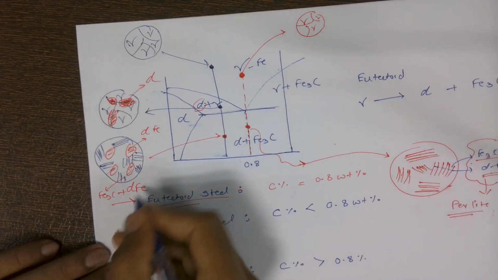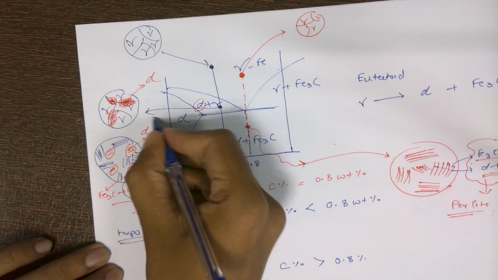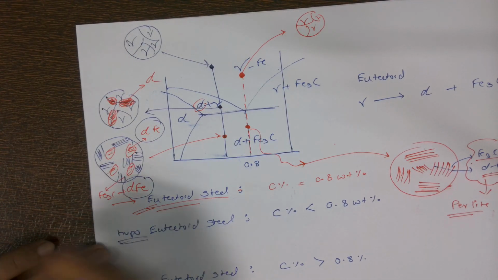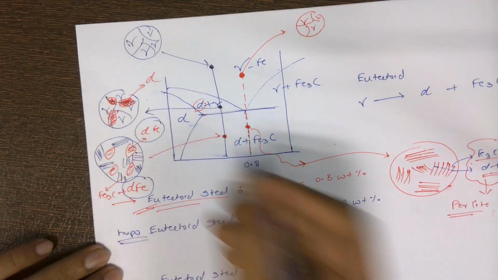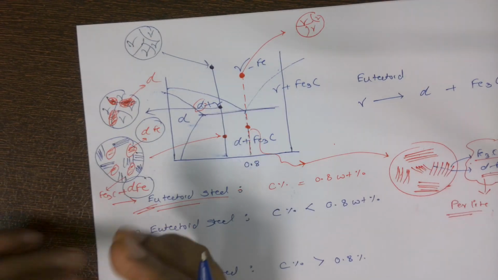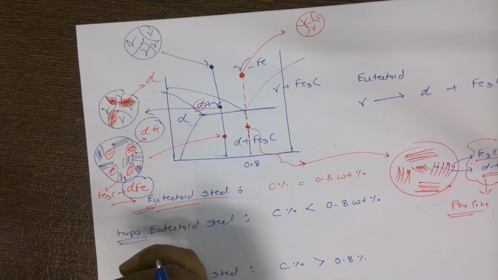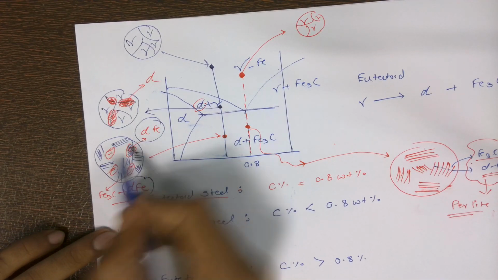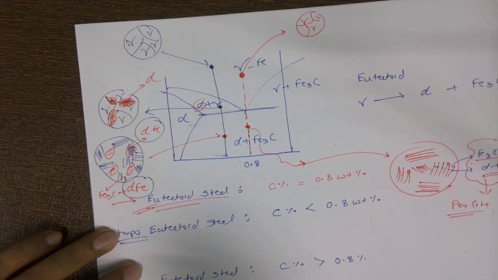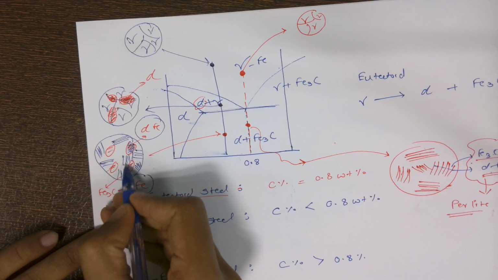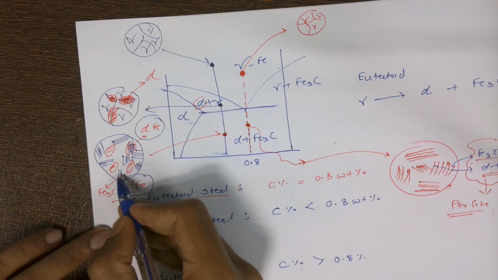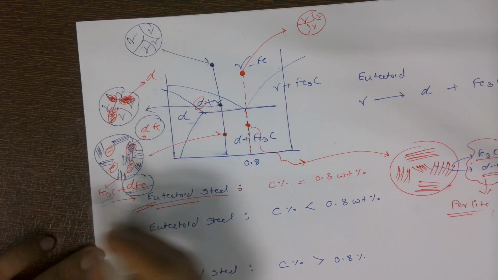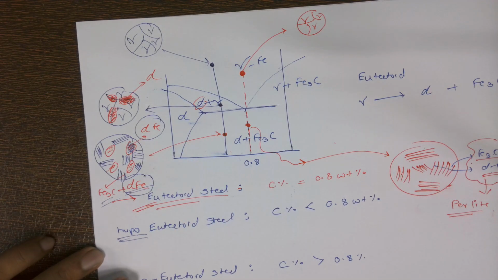So now in this microstructure we can see that we have the alpha ferrite in two different ways. One is the pro-eutectoid ferrite, which is already formed and dispersed like this. While once the reaction has been completed, one more ferrite will be there, which has a lamellar structure with the cementite. This is what happens in the case of hypoeutectoid.